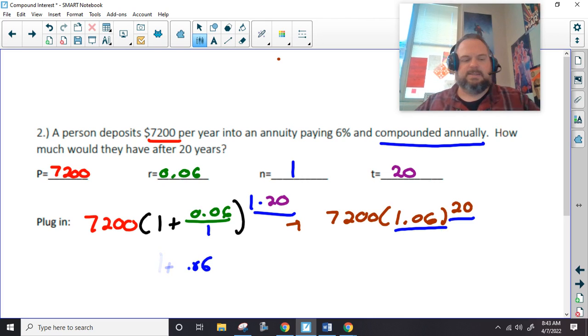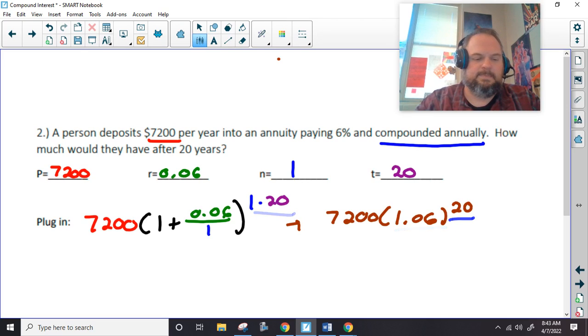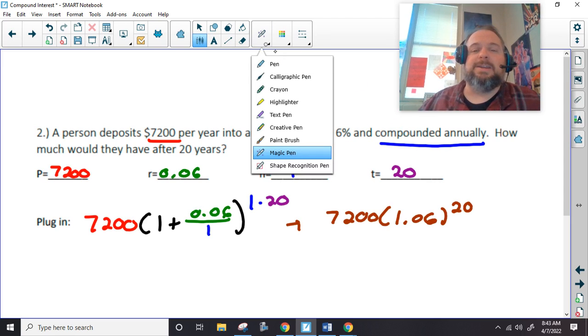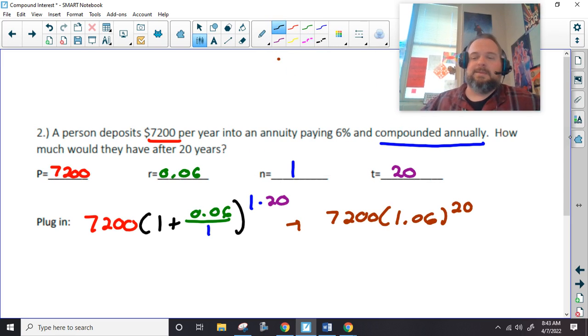It's the same thing. Now, multiplying things by 1 and adding things to 1, that's math I can do in my head. I feel super confident in doing that type of math.